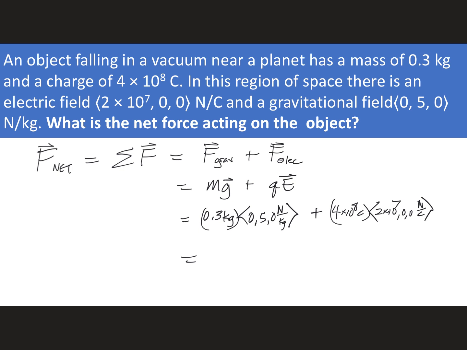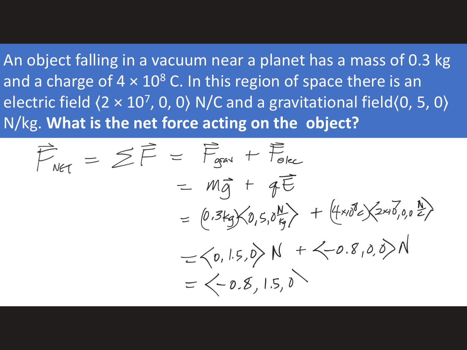Let's see, this works out to be 1.50 newtons plus negative 0.800 newtons. And so you just add x parts to x parts and y parts to y parts and z parts to z parts. So in the end, you'll get a negative 0.8, a 1.5, and a 0 newton.